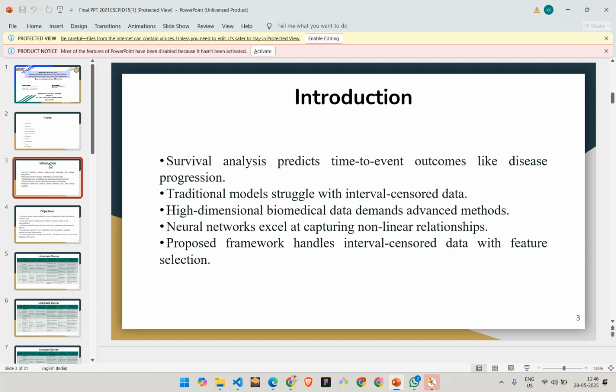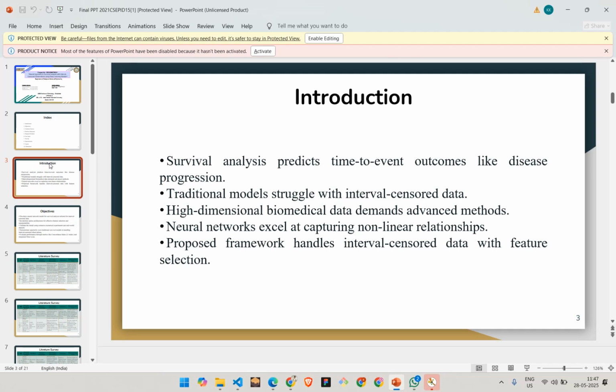Like, for example, we want to know the survival time of any patient, and if we talk about the healthcare sector, this could be the time until a patient relapses, a machine fails, or a user stops using an app. But here we are more focusing on the healthcare sector, so we will only be talking about patients and the machines and the medicines here.